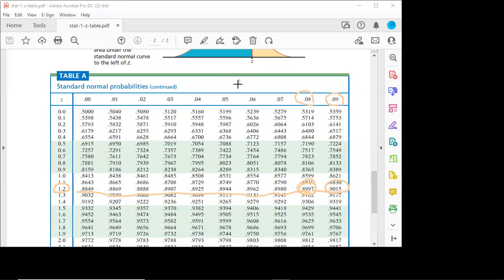So we have 1.28, 1.29, that's 1.28, that's 1.29, and then these numbers, 0.8997 and 0.9015, correspond to the CDF for 1.28 and 1.29 respectively. So 1.285 must be somewhere in the middle, and that should be about 90%. Does it make sense? That's how I do it.